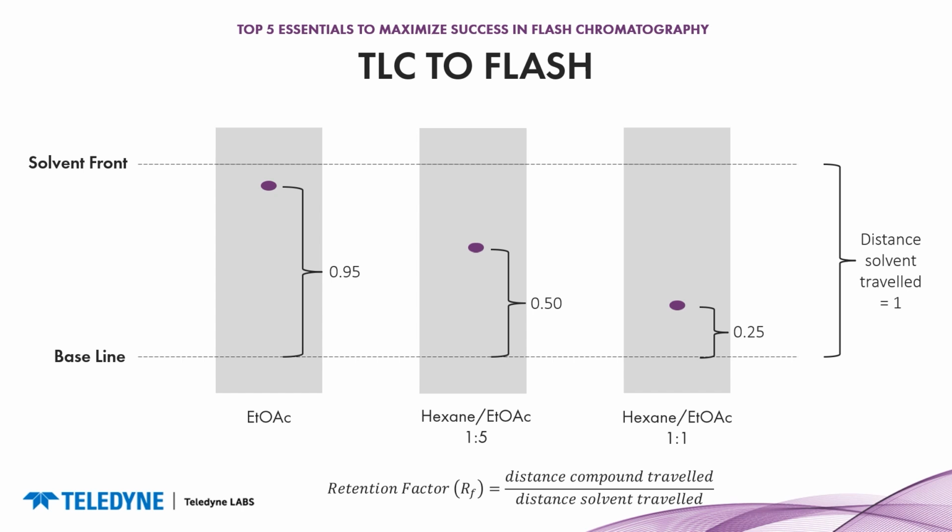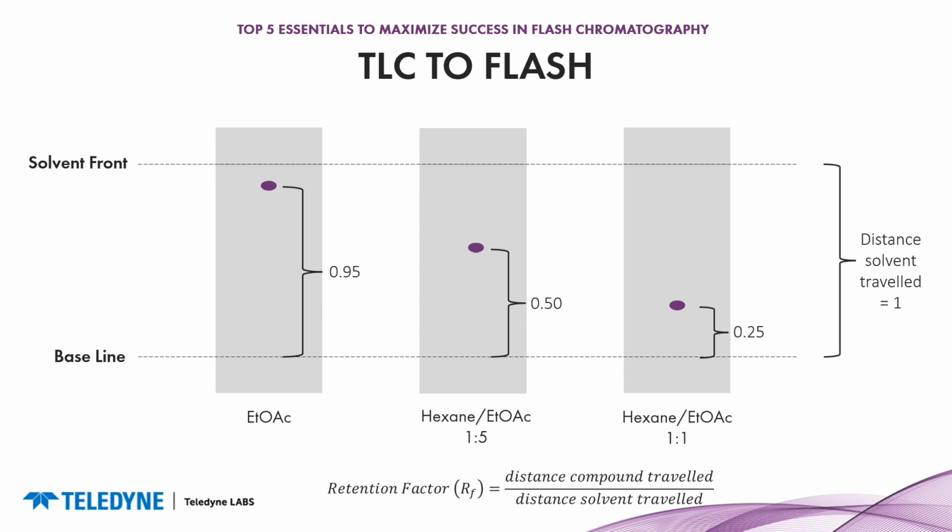So for the one on the left, the compound of interest travels 0.95, and the distance the solvent traveled was 1. We're using some pretty simple terms to make the math easy for us when we're calculating the retention factor. That equation can be found down at the bottom of the slide. If we look at the one in the middle, we traveled 0.5, and the one on the right, 0.25.